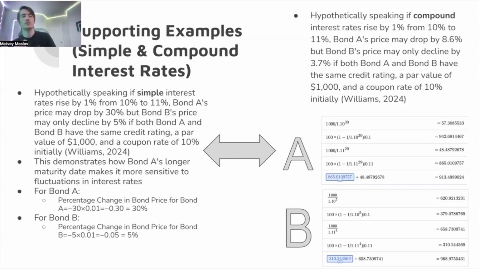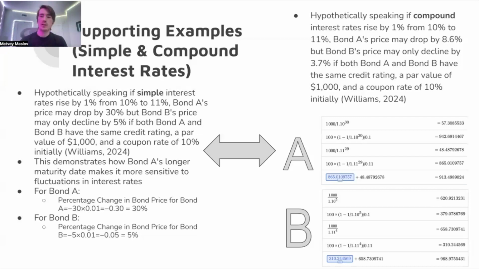But now take a look at some more complicated ones, which is the compound interest rate. In this case, if the interest rate rises by 1% from 10% to 11%, bond A's price will drop by 8.6%, but bond B's price will only drop by 3.7%.